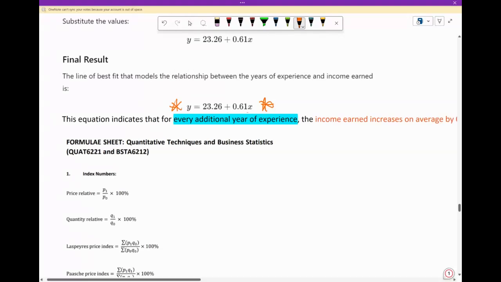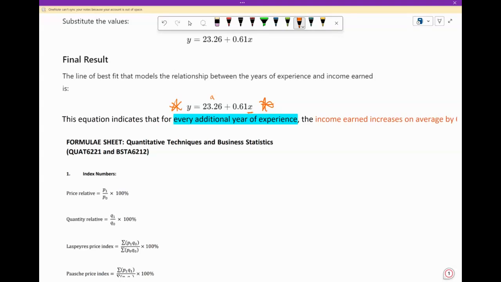So we're saying for every year of experience, you should have 0.61 added to your salary. Remember, A is the intercept, right? So this is the amount you're definitely going to have, regardless of the number of years of experience.